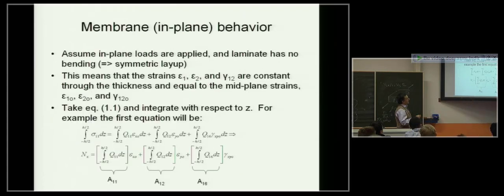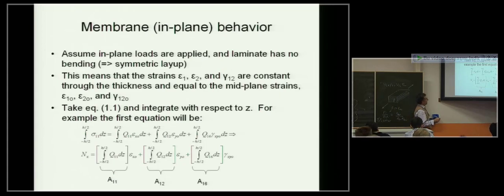If I take the first one, sigma x was Q11 epsilon x0 plus Q12 epsilon y0 plus Q16 gamma xy0. So I just integrate everything with respect to z. By the definition we just introduced, the left-hand side is my Nx, the force per unit width. Because this is all in plane, and these are constant strains, epsilon x0, epsilon y0, and gamma xy0, I can take those strains outside the integrals.